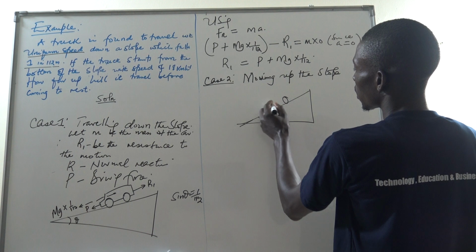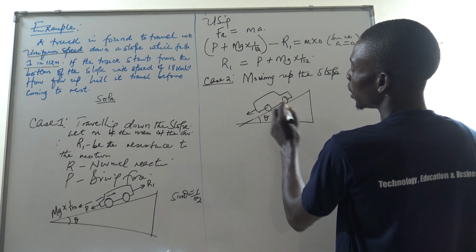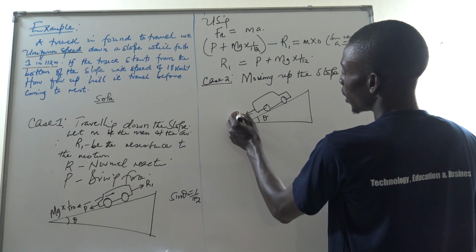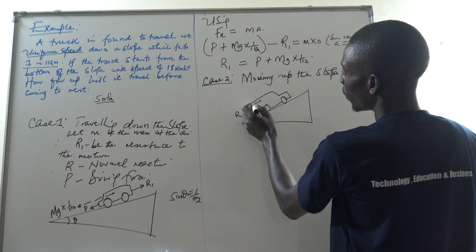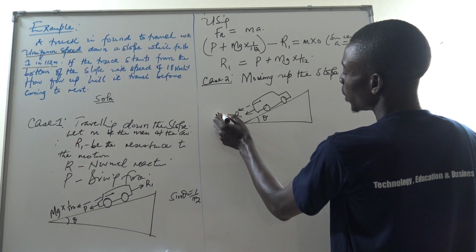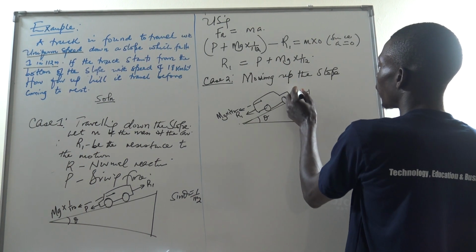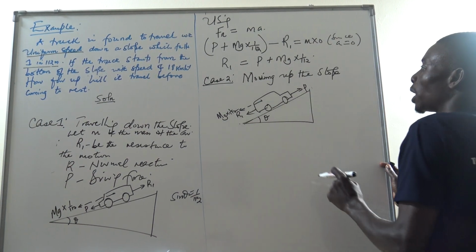Theta, this car now is moving up the slope. The resisting force now will be here, R1, and I will have mg times 1 out of 112, and here my driving force P.